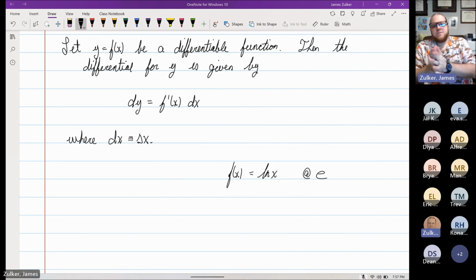Well, now the question is, what happens if we increase the input? We increase E by 0.01. Well, the differential is going to allow us to approximate how that output changes.